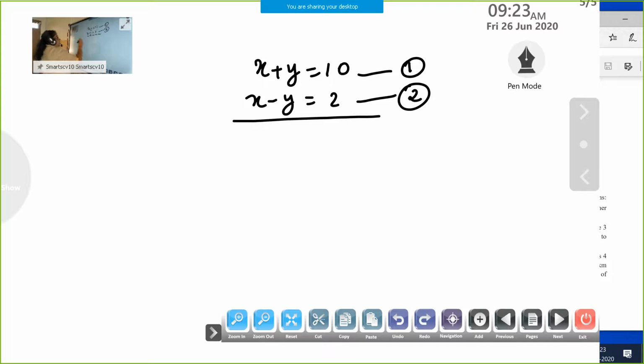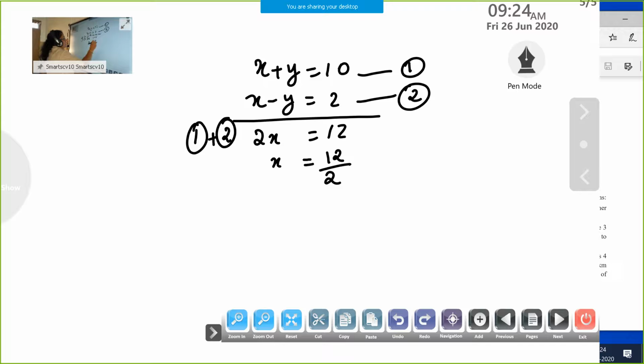Adding 1 and 2, that is 2x is equal to 12, the y term is eliminated. x is equal to 12 divided by 2, that is equal to 6.